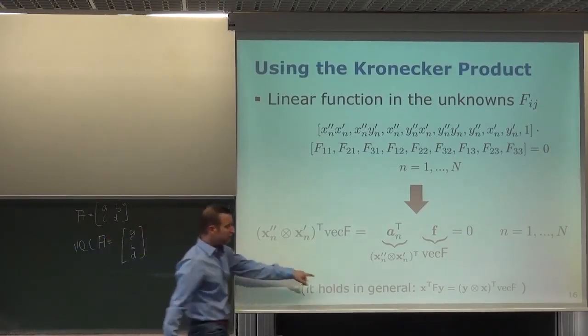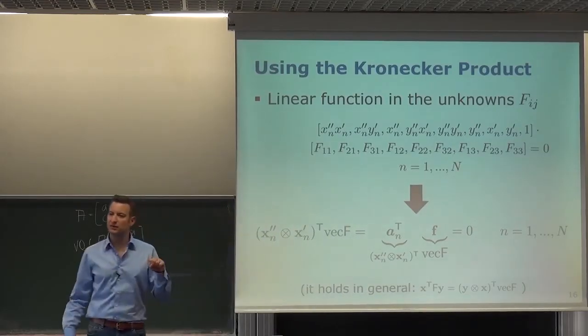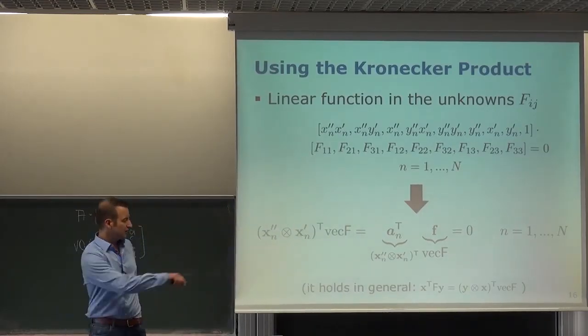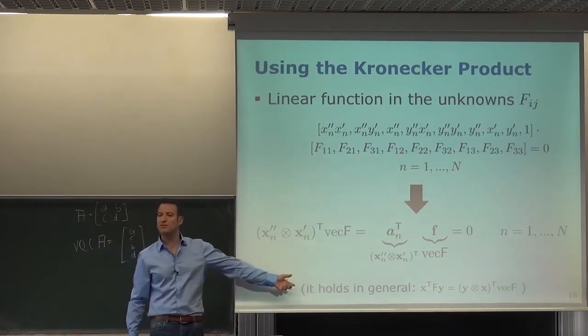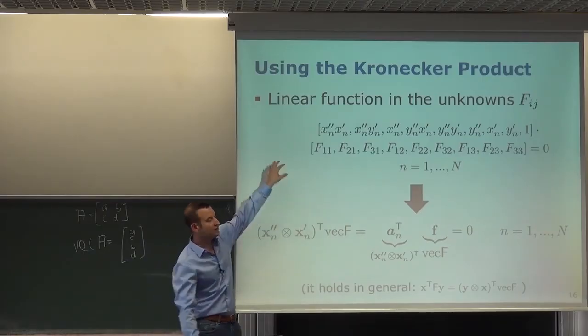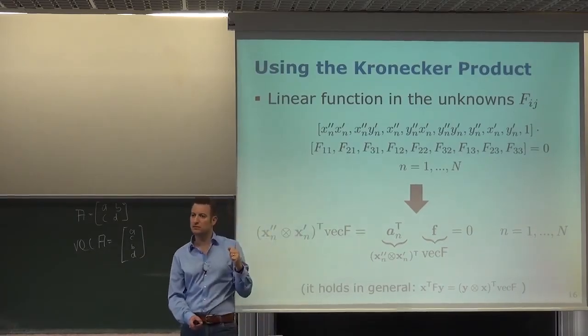I can actually do this rewriting in general for a product of two vectors and a matrix, especially here. And we use this from time to time whenever we want to turn the elements of a matrix into a vector of unknowns.